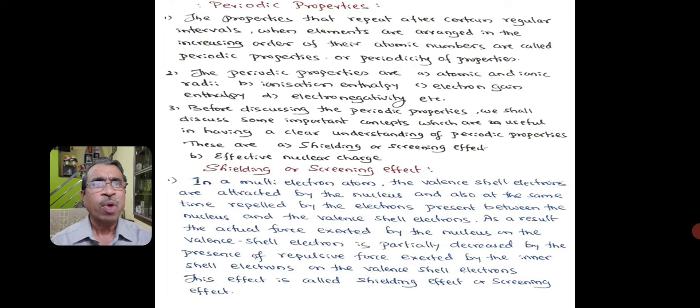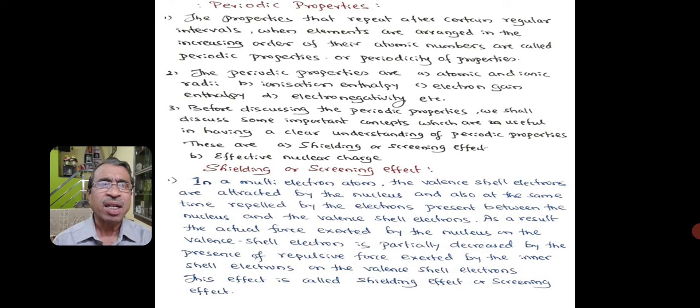The periodic properties are: first, atomic and ionic radii; second, ionization enthalpy; third, electron gain enthalpy; fourth, electronegativity; and other properties like metallic character, non-metallic character, and so on.